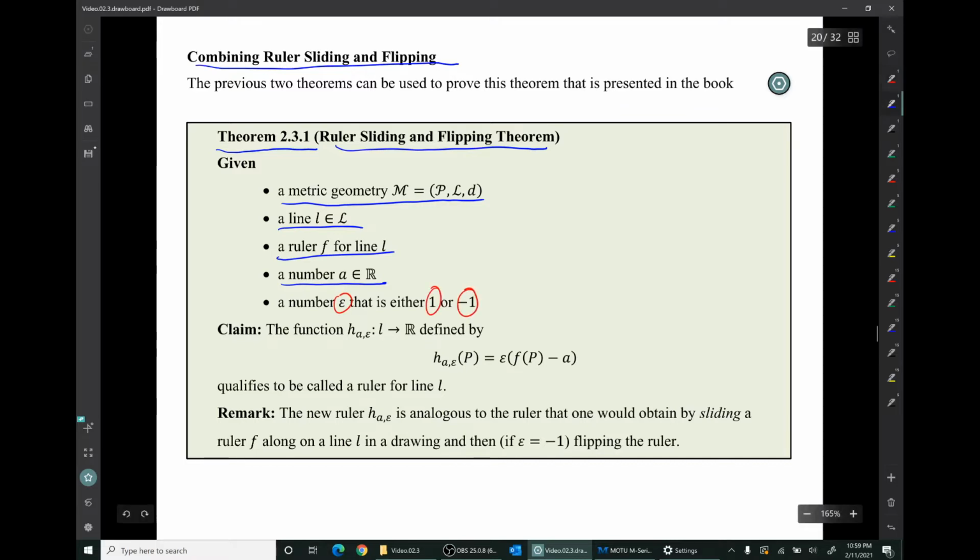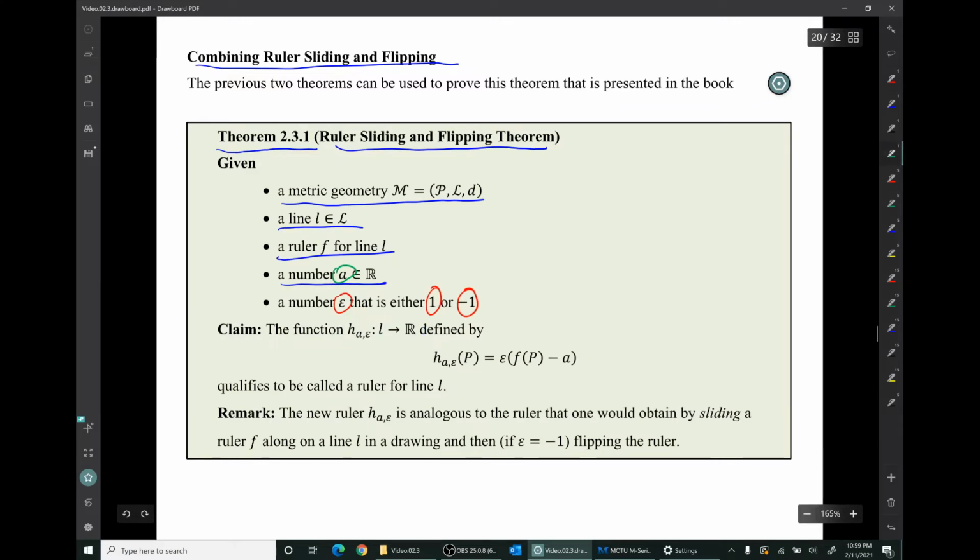The claim is this thing, this weird-looking thing, well, this is a function. This symbol h with a subscript a and a subscript epsilon just means that you're going to use this number a and this number epsilon in the formula for this function h that you're going to define.